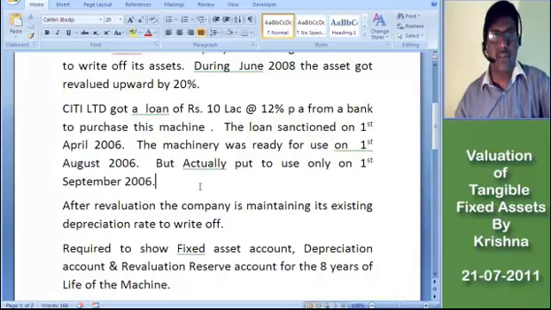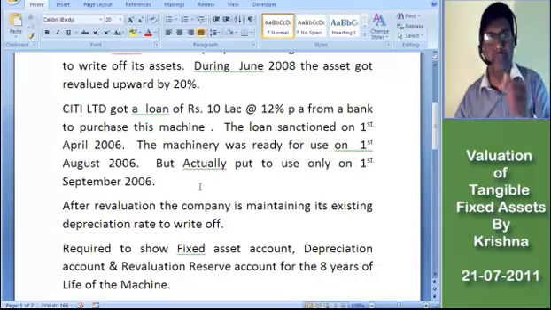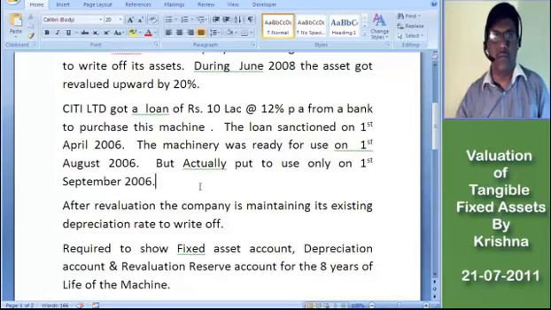The next thing is we have to find the cost which are to be added to the purchase price of the machine. To identify the cost of the machine, we have to look into the treatment of interest cost of the loan taken from the bank, non-refundable tax paid, and the discount we have got.